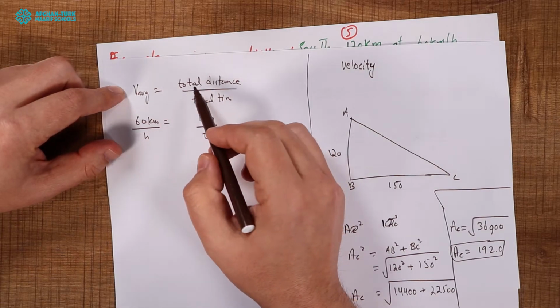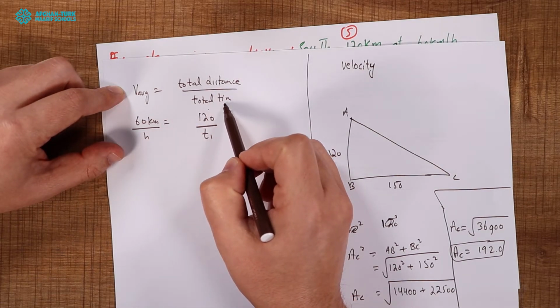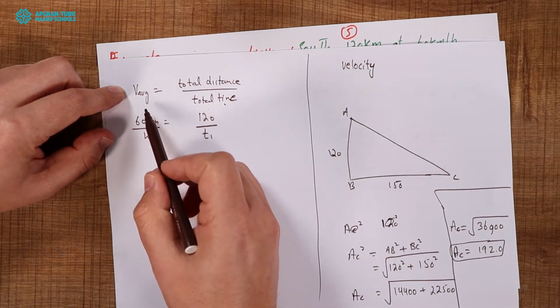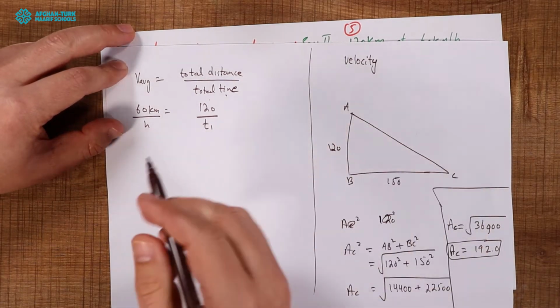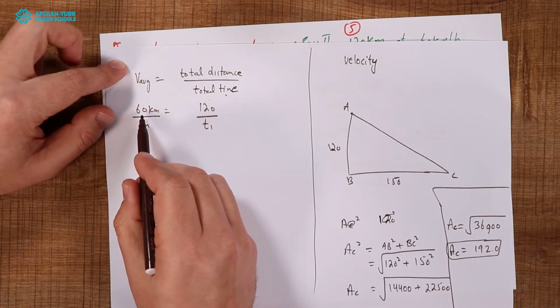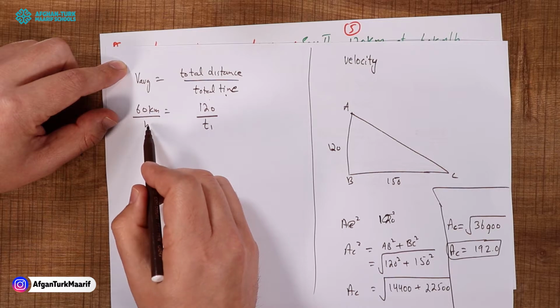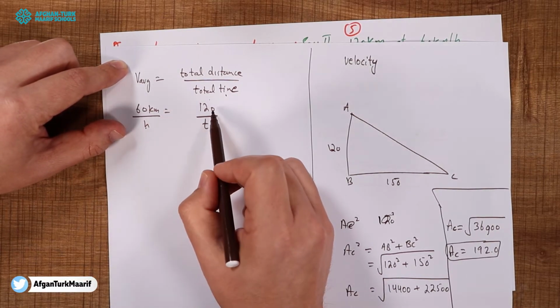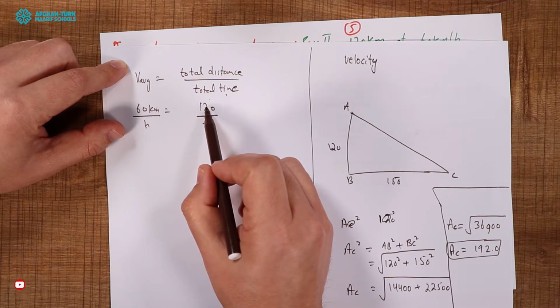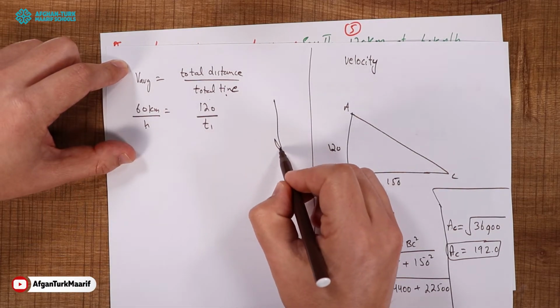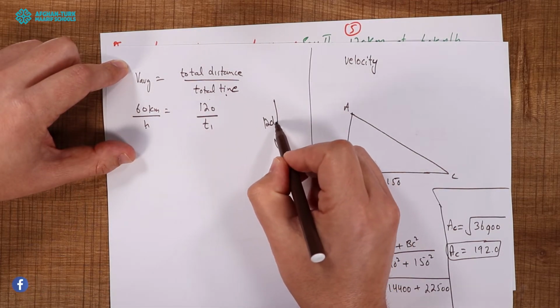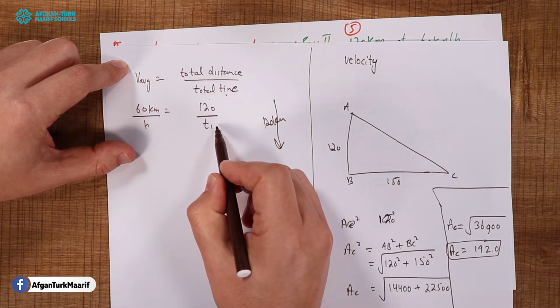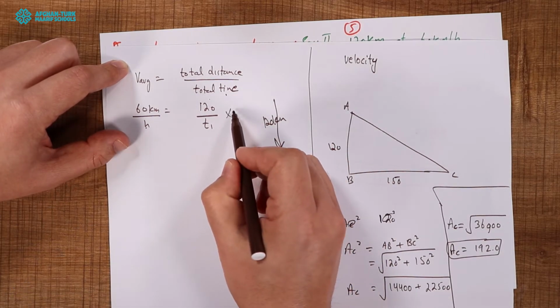So average speed is the total distance divided by total time. The speed is given here in the last pages: 60 kilometers per hour. And the total distance towards south was 120 kilometers. The time is not given, so we will find the time here.